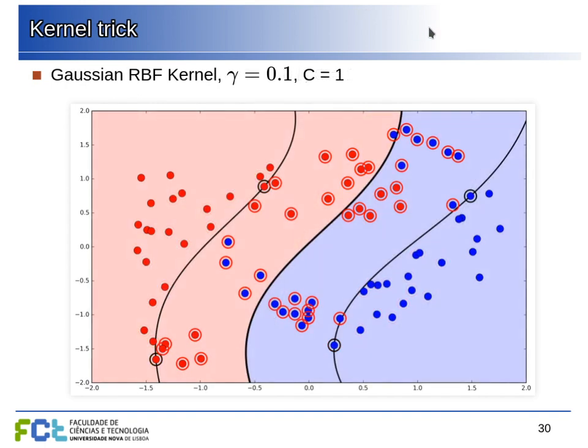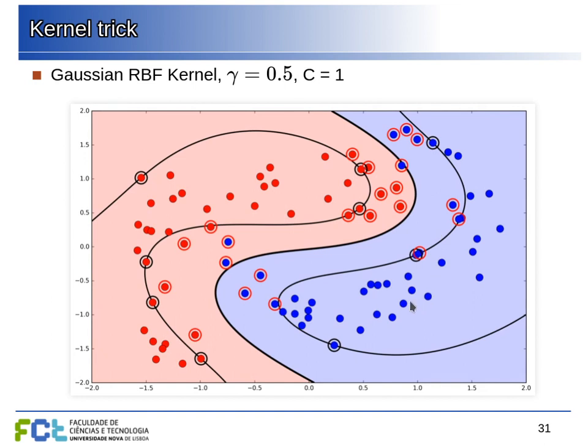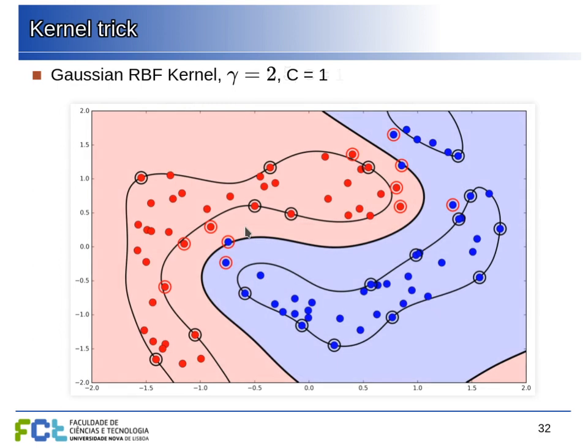If we increase the size of gamma, we are decreasing the variance of the Gaussian curves, and so this is a bit like decreasing the neighborhood in k-nearest neighbors, or decreasing the bandwidth of the kernel we use in kernel regression. It has a similar effect, and as we increase gamma, we are taking into account closer and closer neighborhoods when deciding the classification.